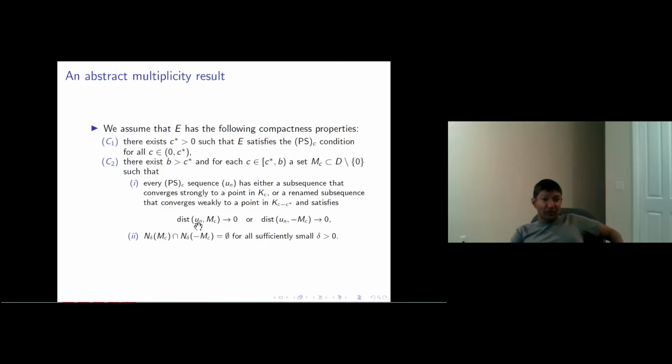Either the distance from u_n to M_c goes to 0, or the distance from u_n to negative M_c goes to 0. So this is basically an alternative.